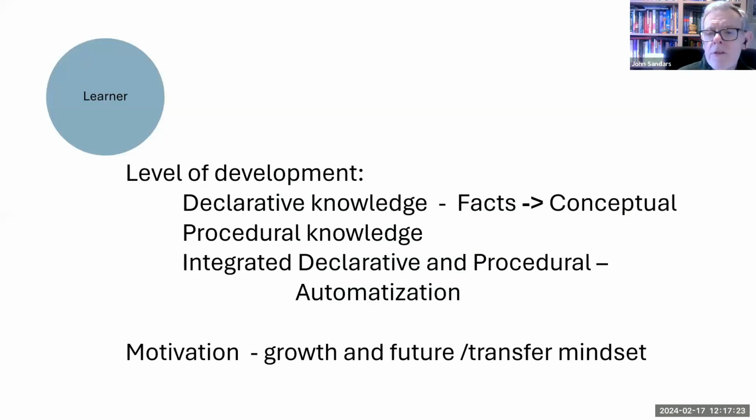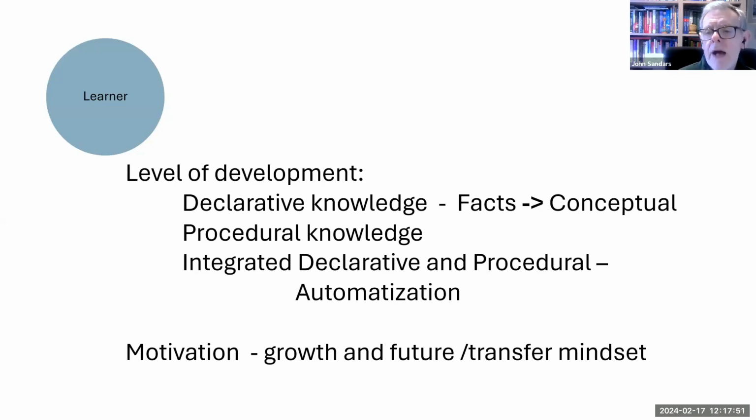Learners need to develop what is known as declarative knowledge. Declarative knowledge is the facts that you and I acquire about a particular topic. So maybe it's about cardiopulmonary resuscitation. We need to know certain facts to enable us to be able to effectively do it.